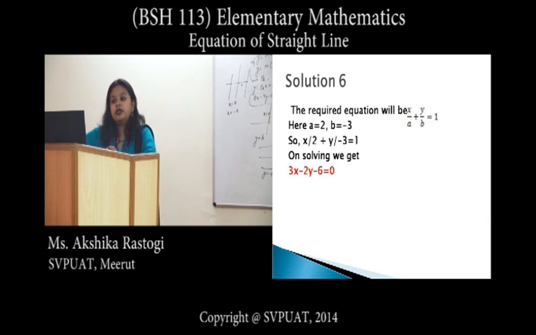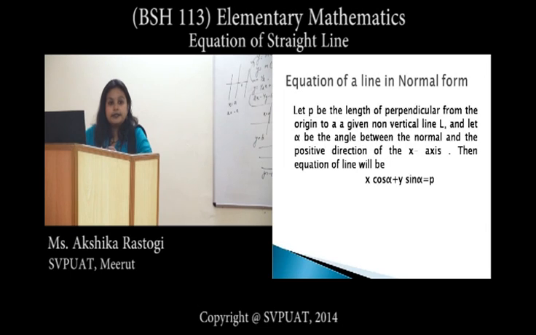Now our next condition is that let P be the length of a perpendicular from the origin to a given non-vertical line L, and let alpha be the angle between the normal and the positive direction of the x-axis.